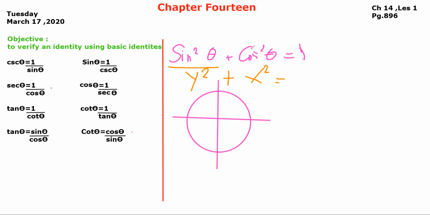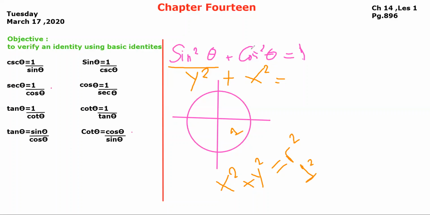Now, if you remember the equation of a circle that we discussed in chapter 10, we said that the equation of a circle is x squared plus y squared equal the radius squared. What is the radius of this unit circle? I told you that we call it a unit circle because its radius is 1.